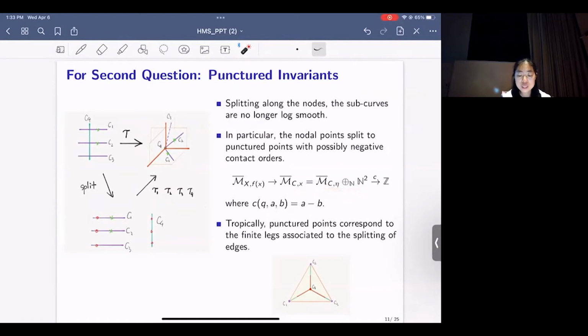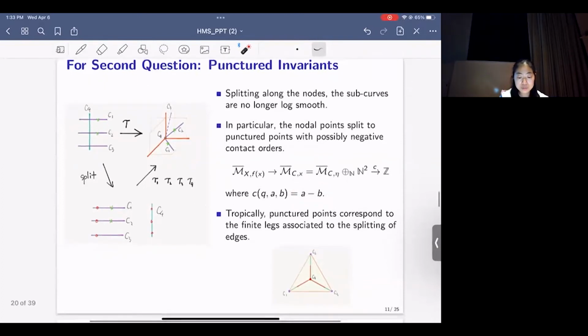And when we think about the contact order of it, it will map to something like Q, (a, b) to a minus b, which can be a negative number. This means that if we look at this curve as implicitly embedded inside the nodal curve, the negative contact order naturally occurs.